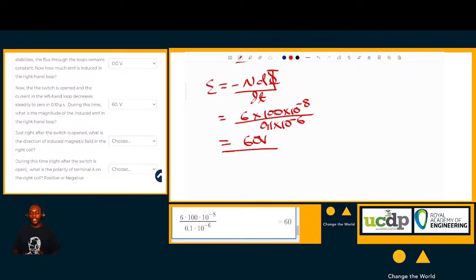But the difference is that in this case, the time has shortened. And if the time is shortened, then the EMF would increase, because there's an inverse relationship between the time taken and the EMF induced, which is directly proportional to the rate of flux linkage. So are you okay with that?